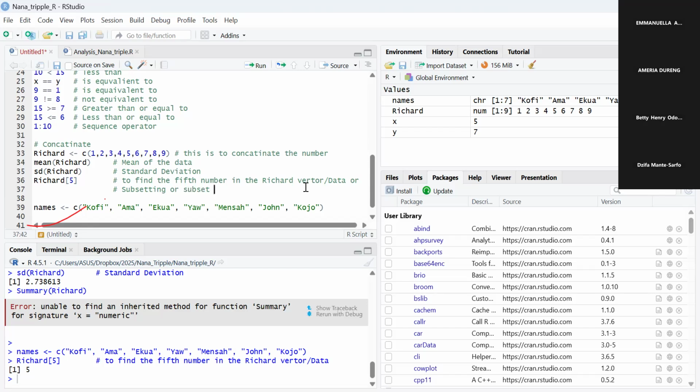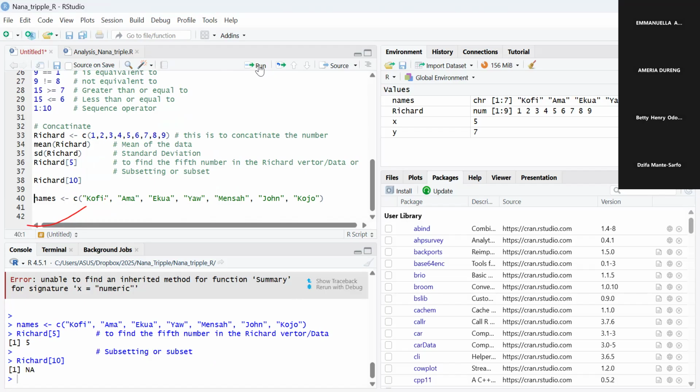So you can continue. So if I want the 10th, let's assume it's there up to 10. Even if you tell R to give you the 10th data, let's see what you get. The data is not up to 10. I haven't tried it, but let's see how it goes. Number 10, it might not give you anything. Yes, number 10 is missing. NA is missing. Anytime you see NA in R, it means the data is missing.